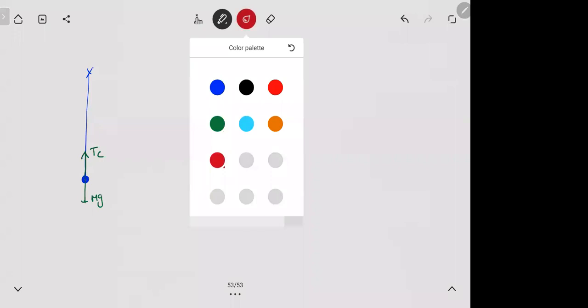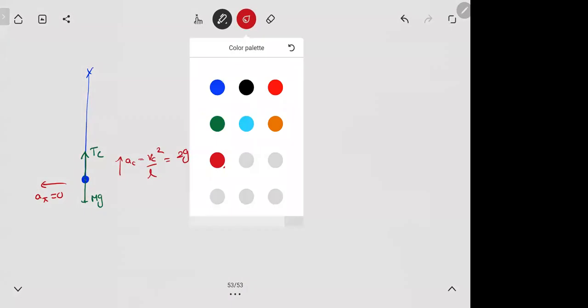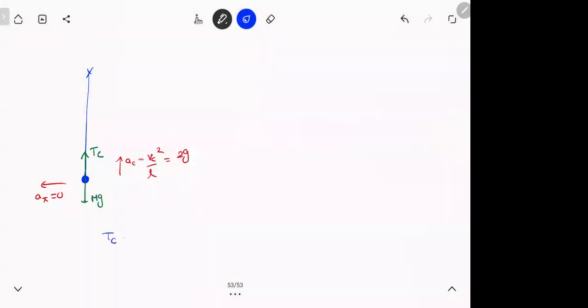Forces: tension at C and mg, there are only two forces. Centripetal acceleration, which is Vc square by L, which is 2g. A tangential is 0, there are no horizontal forces. So we get tension at C minus mg is m a c, which gives 3 mg.